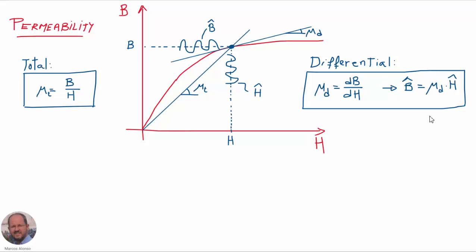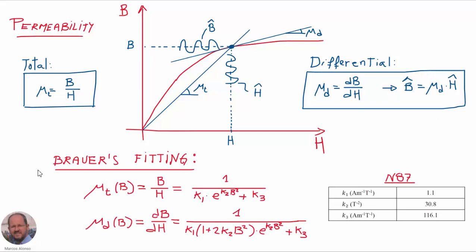Then, in order to analyze the behavior of an inductor when it is operating in the saturation area of the magnetic material, we need to obtain first expressions for these permeabilities, the total permeability and the differential permeability. There are different possibilities.